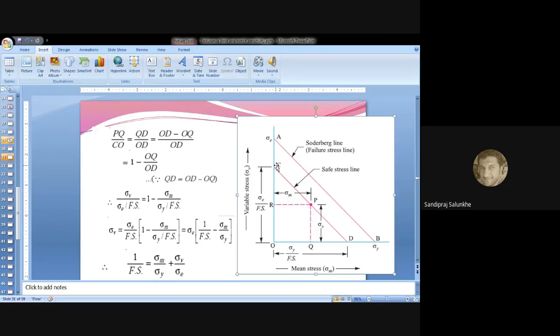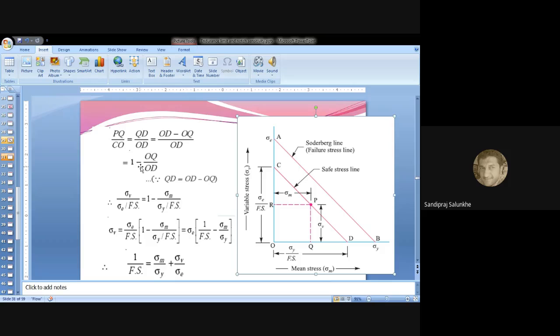In this case, if we take the ratio of PQ, that is P to Q, to CO from the bigger triangle, it is equal to QD divided by OD. Now for this QD, we can write OD minus OQ.